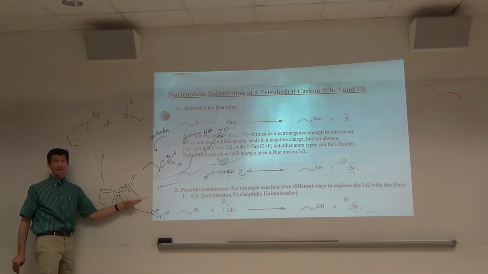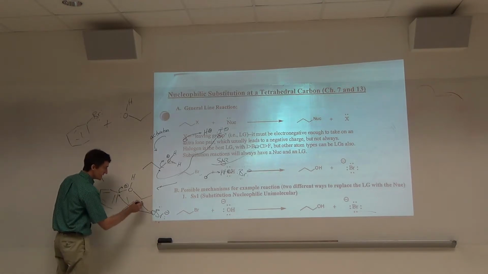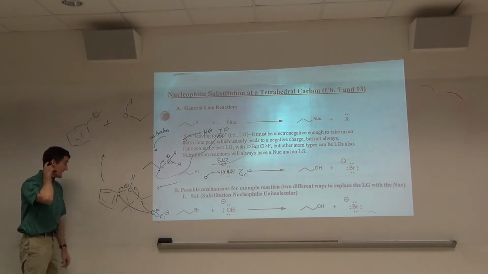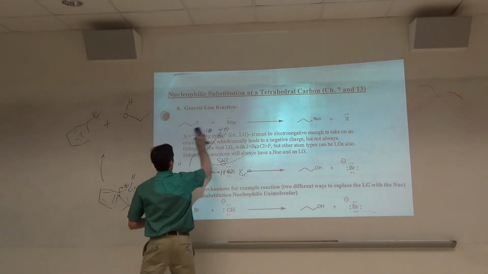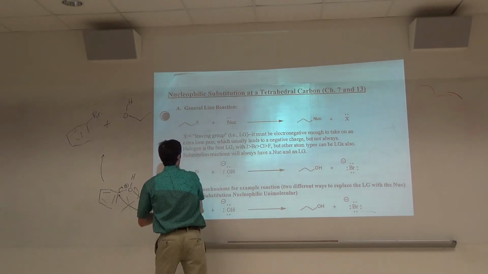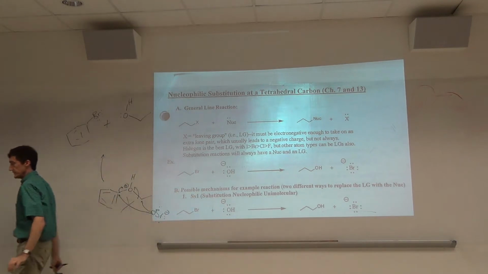That one. That's the one we're going to kick it off of, because that's the tetrahedral carbon. The electrons attack here and kick that off. What does that give? Well, that gives the final products.